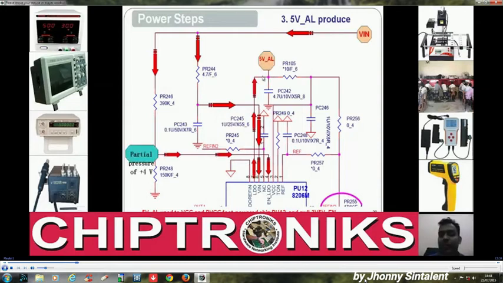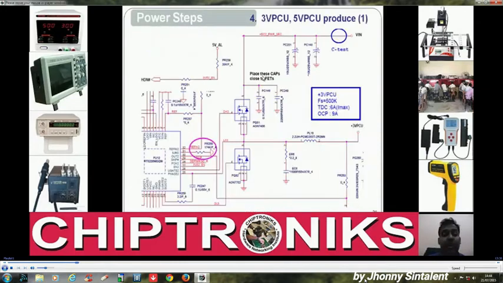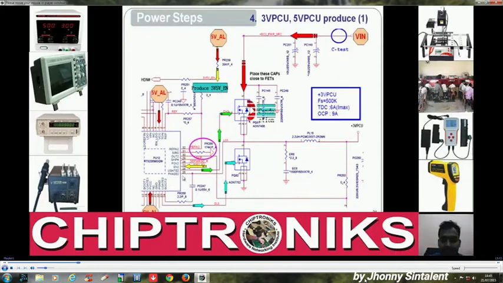And this 5V_AL is very important because it generates VCC, PVCC and the 3.35 volt enable signal, okay? When it gets the enable signal, then the regulator RT8206M will generate the signals UGATE and LGATE.